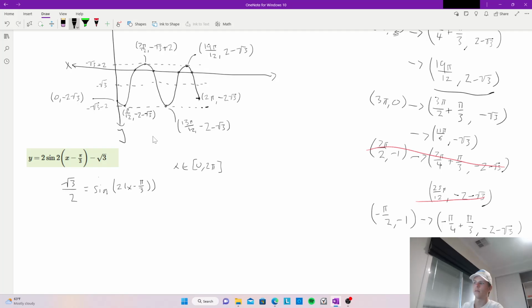When you've got a small period, you literally just go, oh look, the 2 is next to the x. Therefore 2x we want to be an element of 0 to 4 pi. Just times the 2 onto whatever. Obviously 2 times 0 is 0, and 2 times 2 pi is 4 pi, so we're going to be looking for solutions within 4 pi. And we know there's 4 solutions, so we can just look for the first 4 solutions we get.